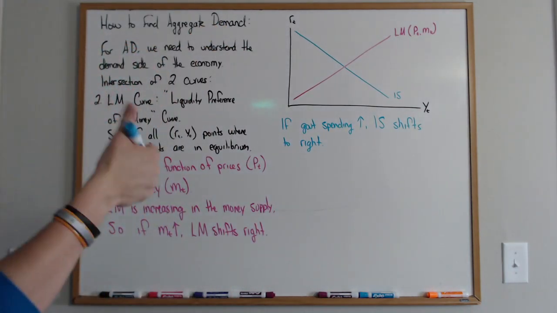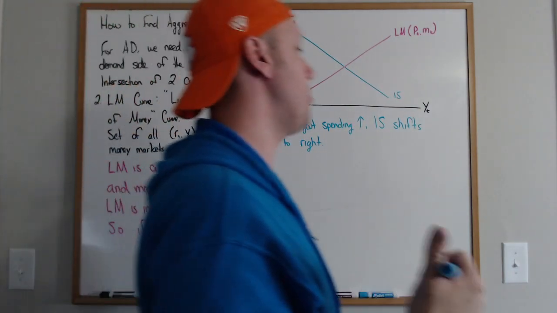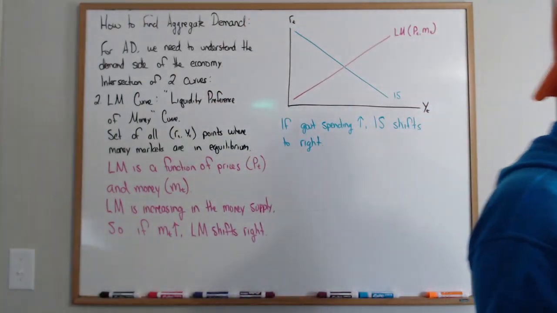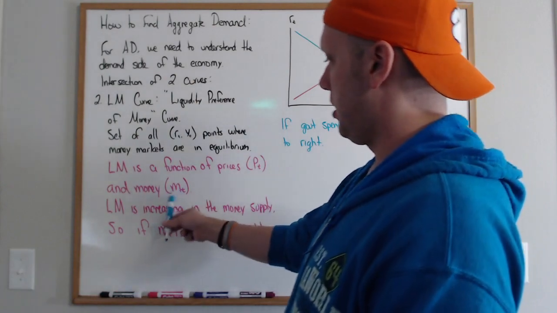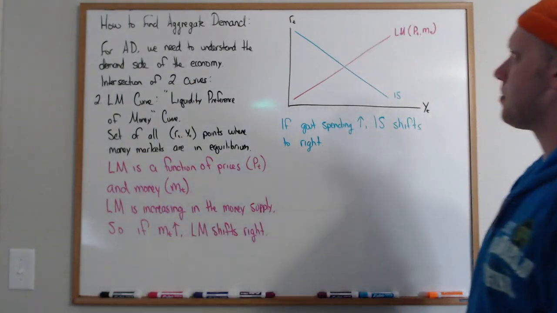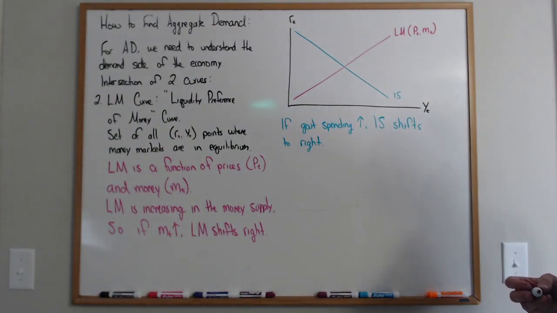So if there's a positive government spending shock, the IS curve shifts to the right. If there's a positive monetary policy shock, a change of the money supply, the LM curve will shift to the right.